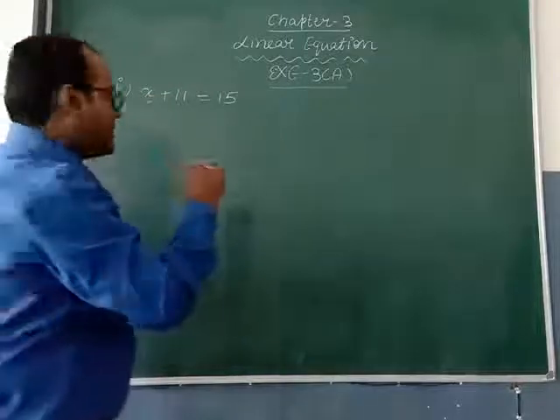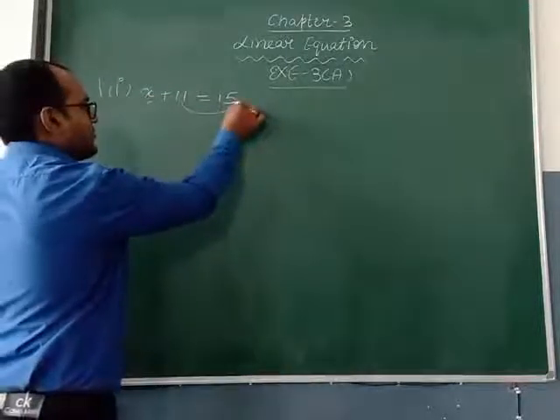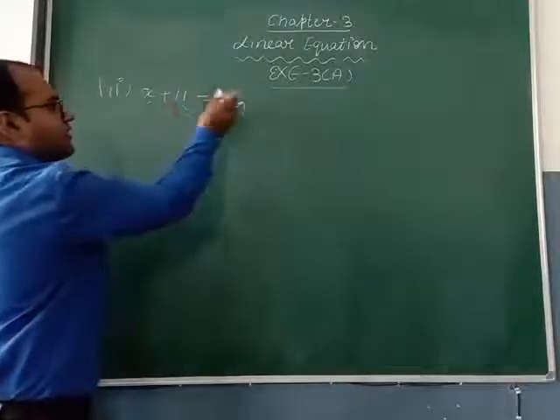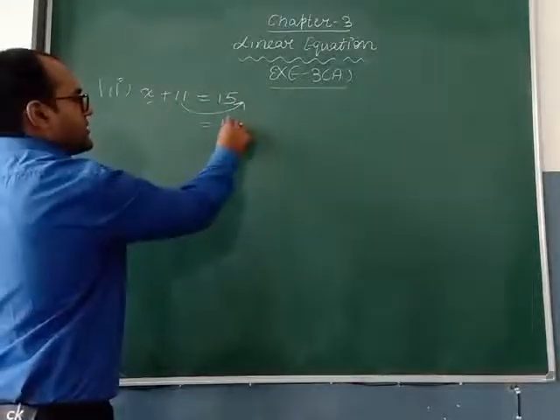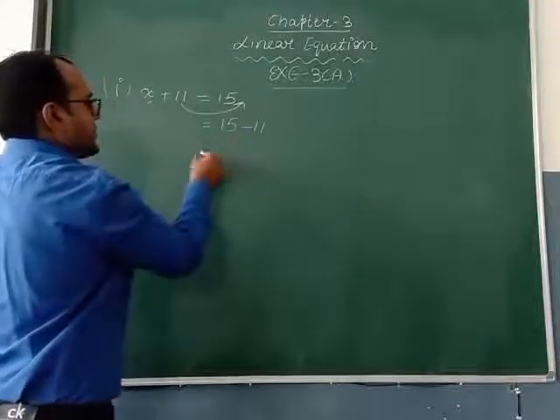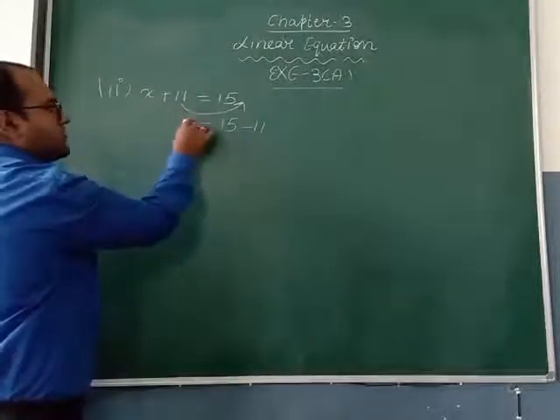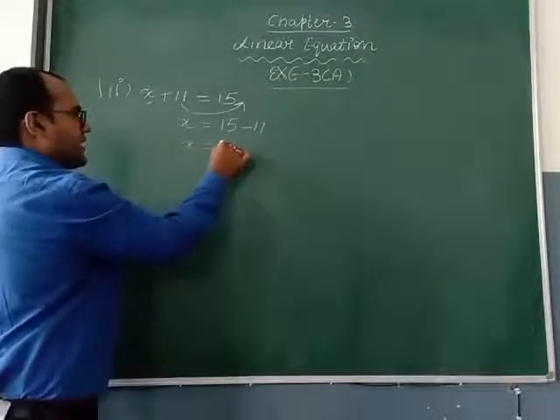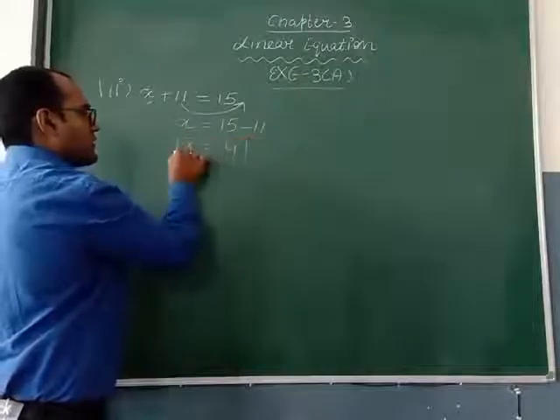In order to find it, this 11 we will bring on the right hand side. When plus 11 comes on the right hand side, 15 will be as it is, and plus 11 will become minus 11. On the left hand side, x will be the remaining term. Now on solving it, we get x is equal to 4.